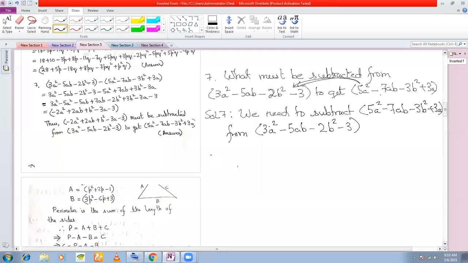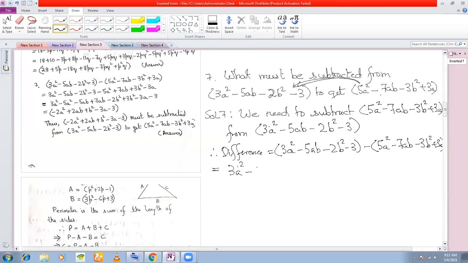So therefore the difference is equal to 3a square minus 5ab minus 2b square minus 3 minus 5a square minus 7ab minus 3b square plus 3. Right? Now we open the brackets and continue our subtraction as we do.